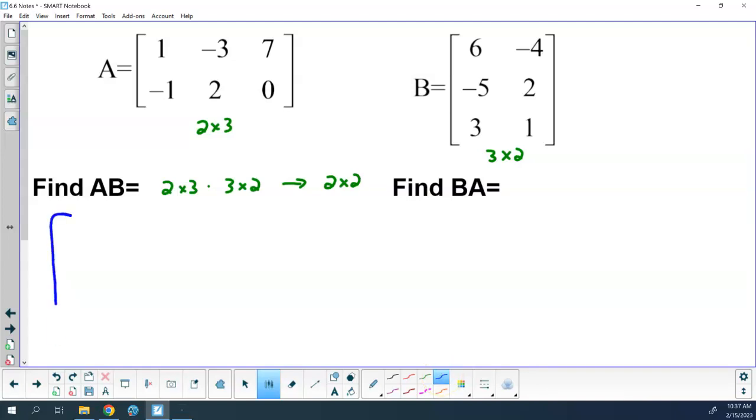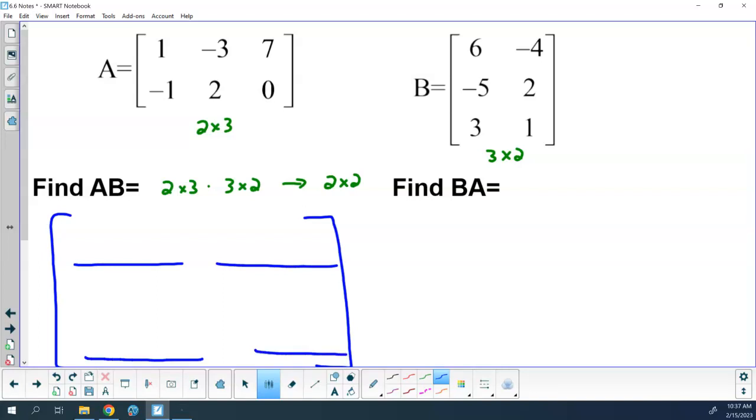So let's draw ourselves a big two by two matrix. So this is row 1, column 1, row 1, column 2, row 2, column 1, row 2, column 2. Okay? So I'm going to take the first row times the first column.